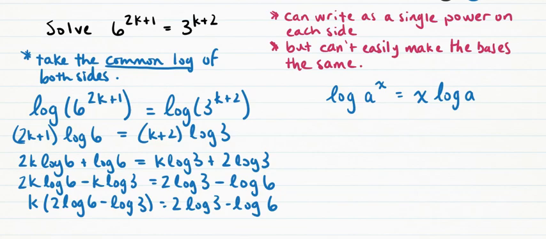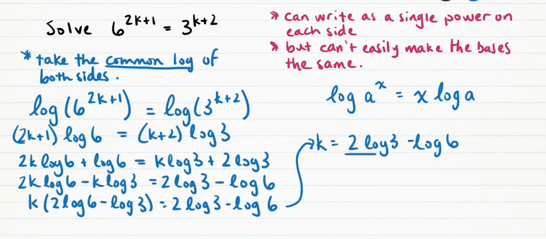All I have to do is divide both sides by 2 log 6 minus log 3. So then I get k is equal to (2 log 3 minus log 6) divided by (2 log 6 minus log 3). And this is the value of k written in exact form.